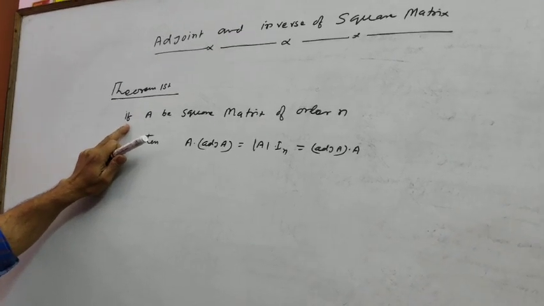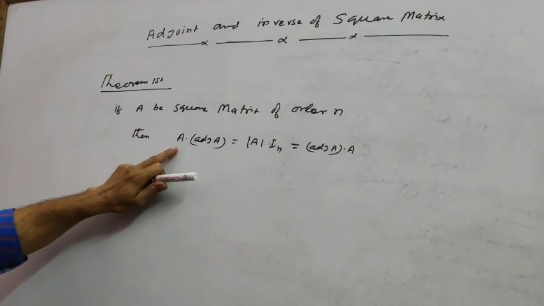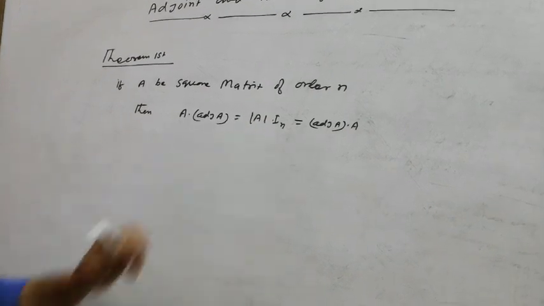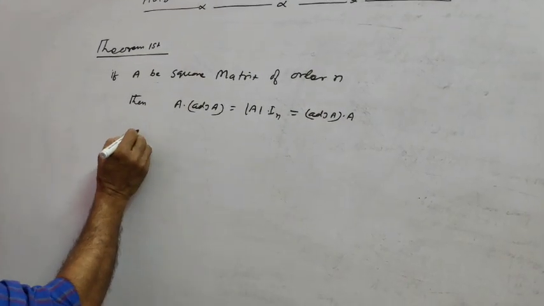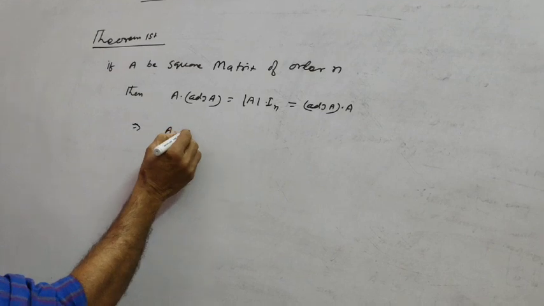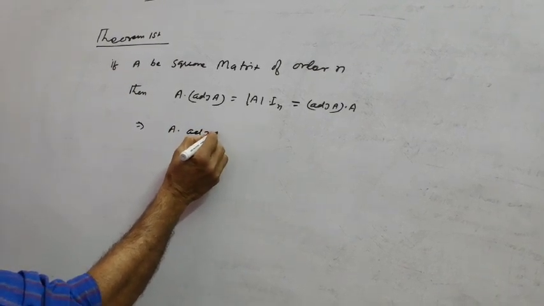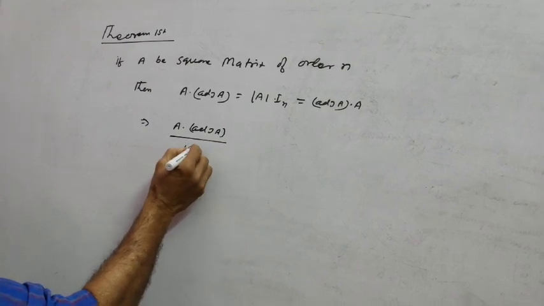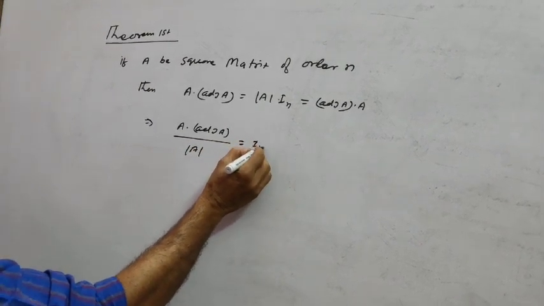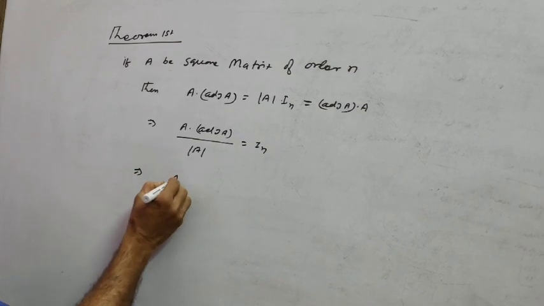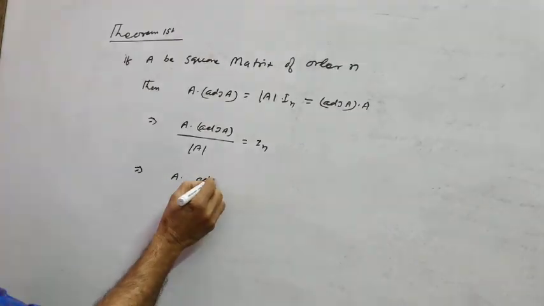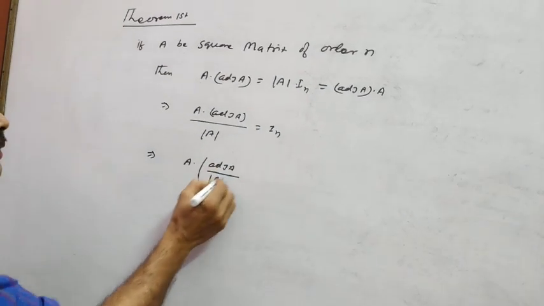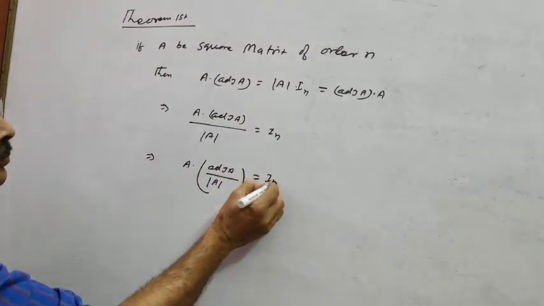Now from this theorem, A into adjoint A equals determinant of A into In, which implies A into adjoint A divided by determinant of A equals In.